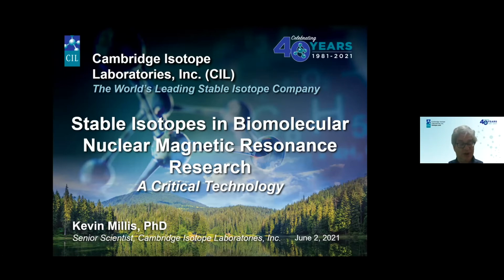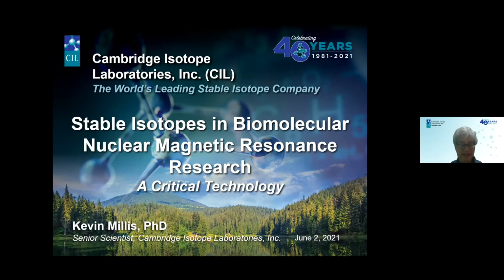So using NMR to study protein and nucleic acid requires many things to come together. One needs to have the right hardware. You need a good high field spectrometer, a good magnet, a good probe. You need the right software. You need the pulse programs to make sense of the NMR data and to compute the structures, et cetera. You need the right operator and the right pulse program. So you need to have a lot of things in place to get this work done.